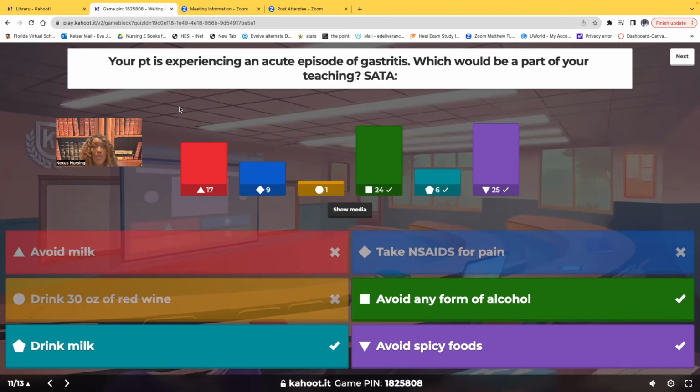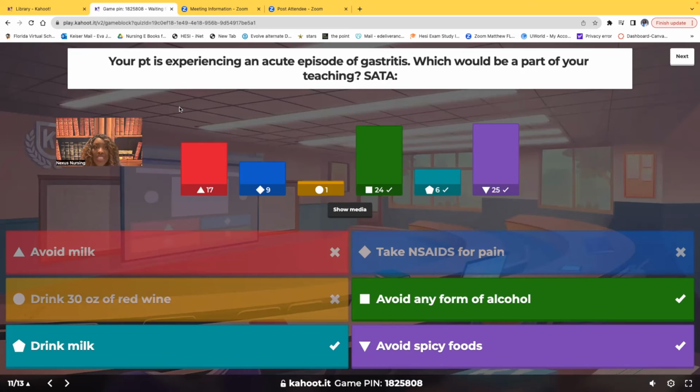What do we know about milk? We know that milk increases mucus production. And usually that's a bad thing. But when it comes to gastritis, that's a good thing because this patient's stomach lining is already inflamed. So that mucus production will decrease the symptoms because it's causing a coating, a lining of that inflamed stomach, right?